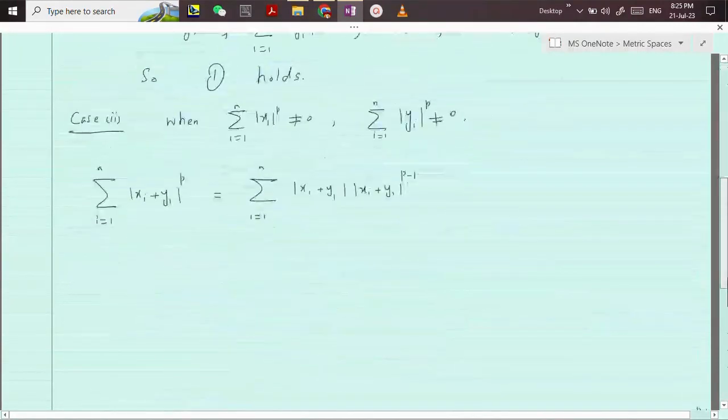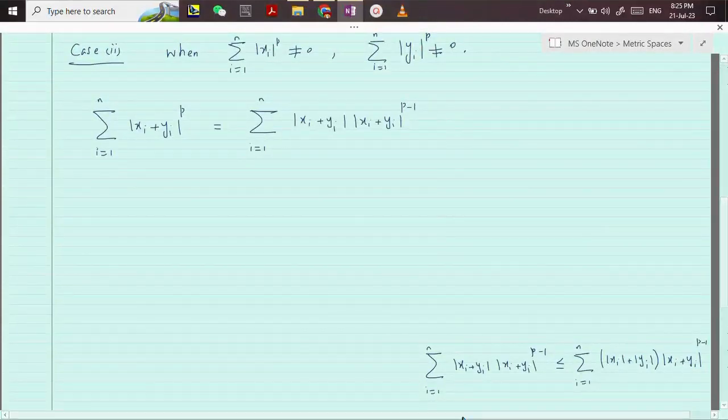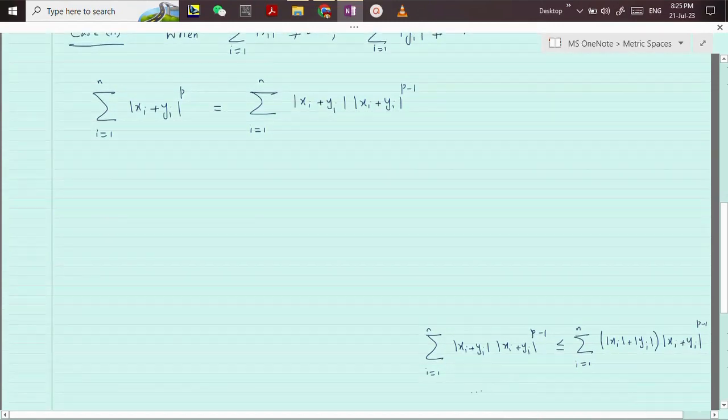It means that by following this inequality, we have less than or equal to summation i from 1 to n of (|xi| + |yi|) into |xi + yi|^(p-1).